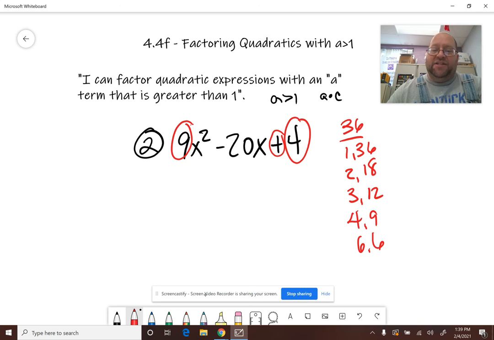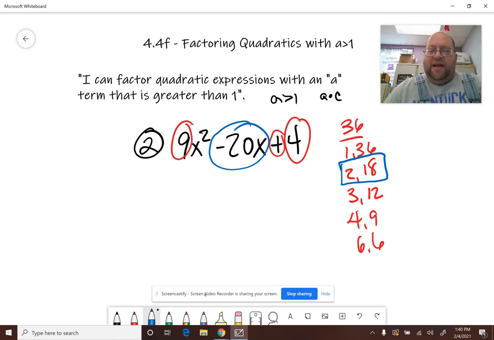So I need to add two of these numbers together that are going to come up with a negative 20x. So what two numbers over here will add up to negative 20? Well, 2 and 18 will add up to 20, but in order to make a negative 20x, remember from yesterday, I'm going to have to make both of these negative.